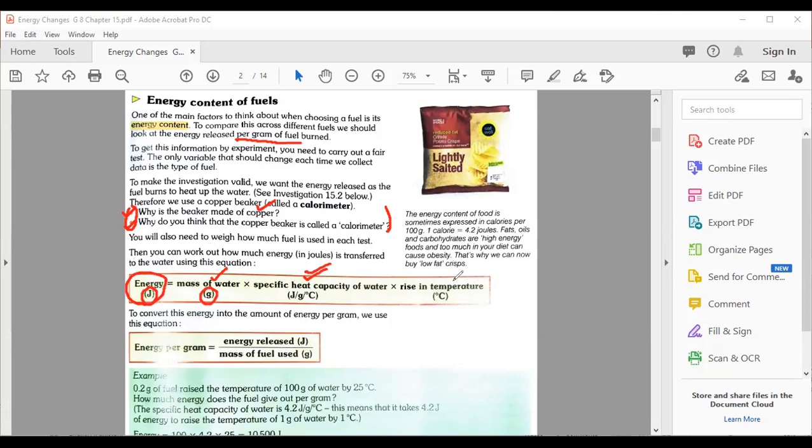From where can you find the rising temperature? From the thermometer, in centigrade. To convert this energy into the amount of energy per gram, we use energy per gram equals energy released in joules divided by mass of fuel. Simple equation, and that gives you the amount of energy per gram.